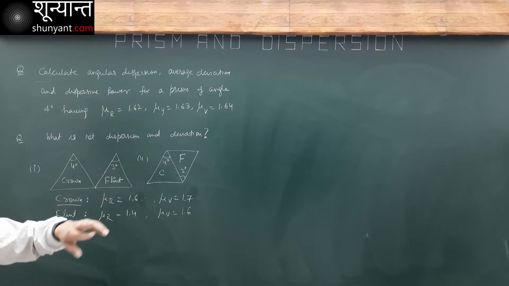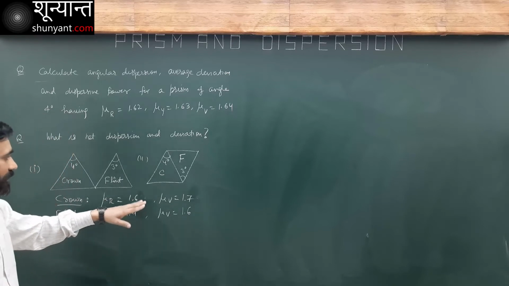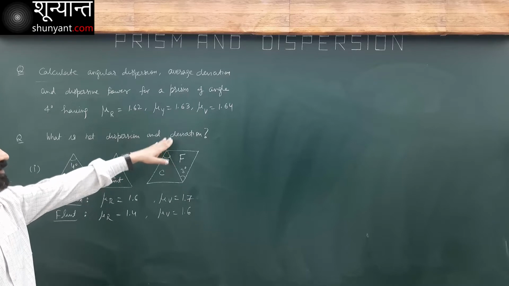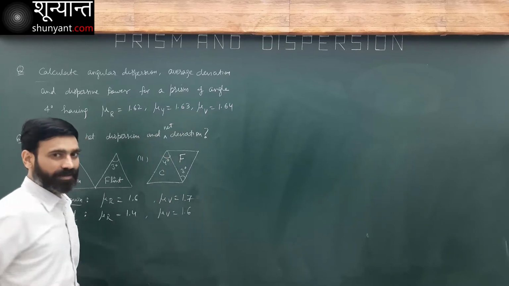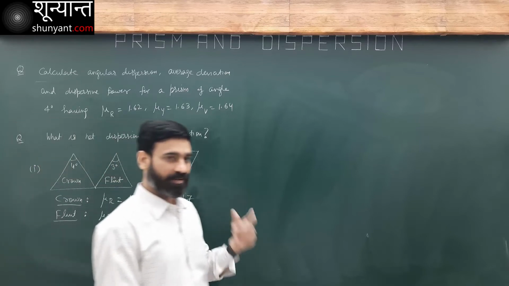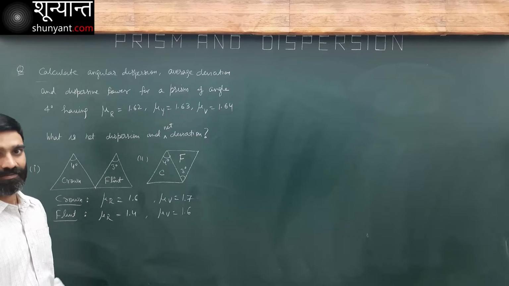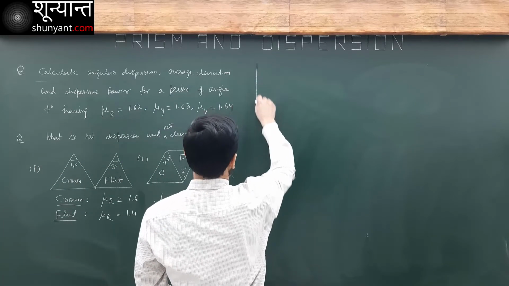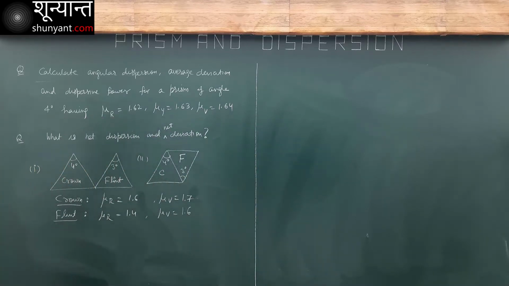So both glasses are going to have different refractive indices, and they are given. In each case, I have to find what is net dispersion and net deviation. When we say net, that means the net average deviation. When I say dispersion, net angular dispersion. Okay, understood? Let's see how we can solve it. And okay, let me write one more problem.